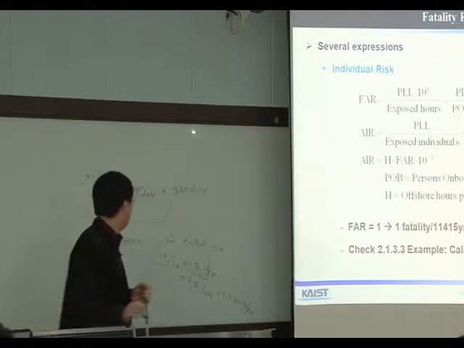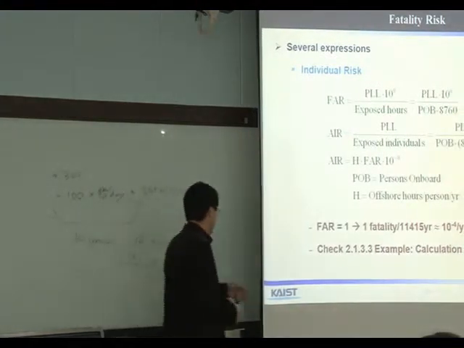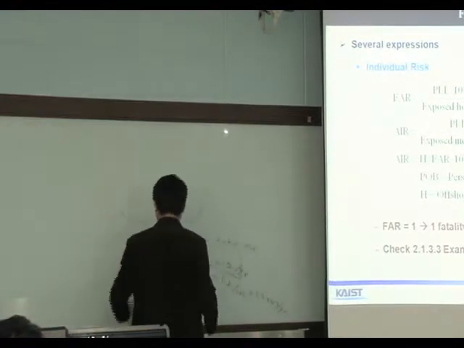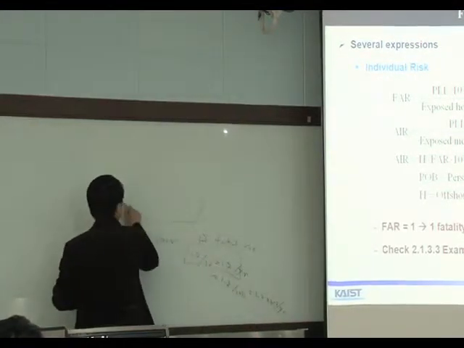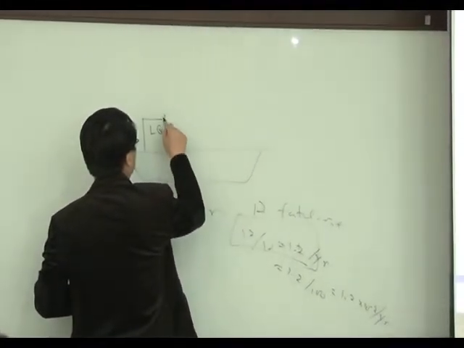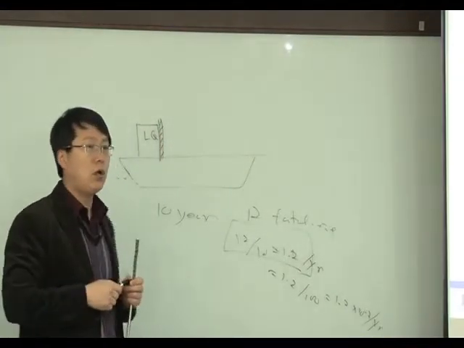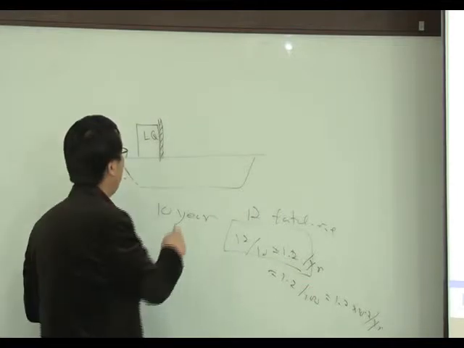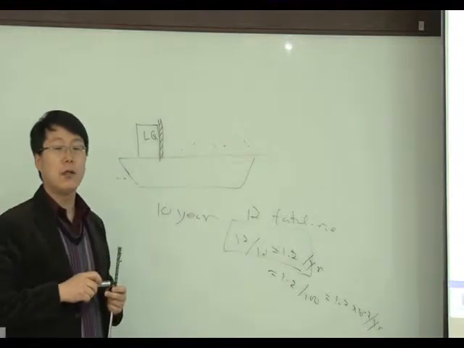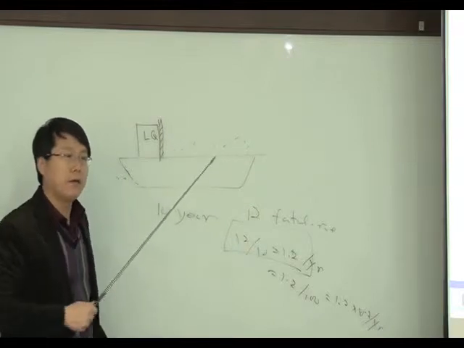Living quarters is usually protected by a firewall or explosion wall. There are process and utility areas here. So this area is a kind of plant area.